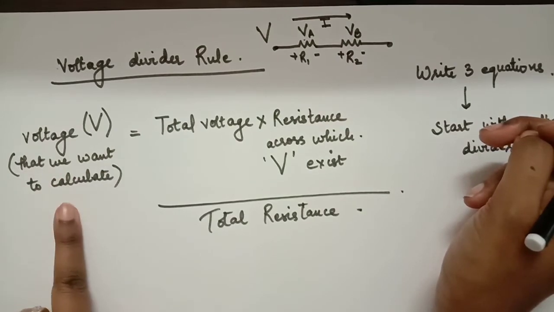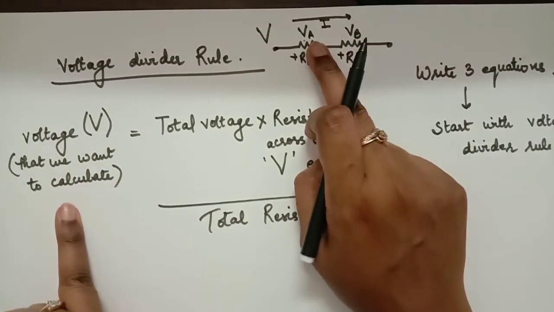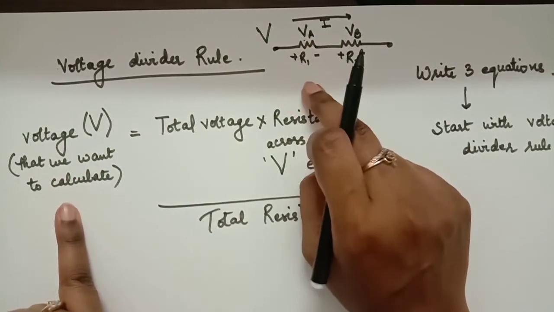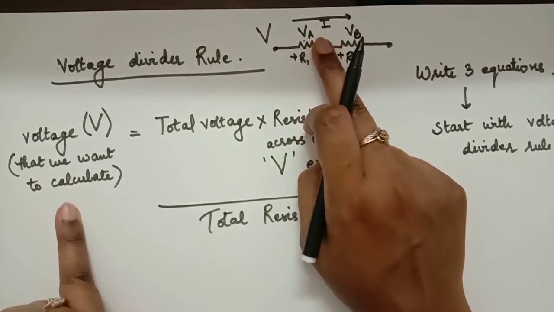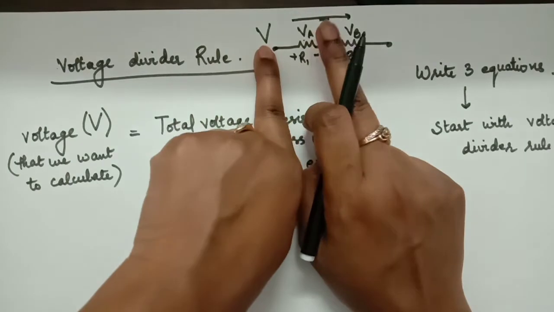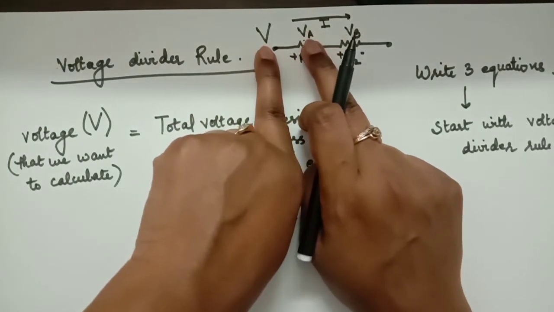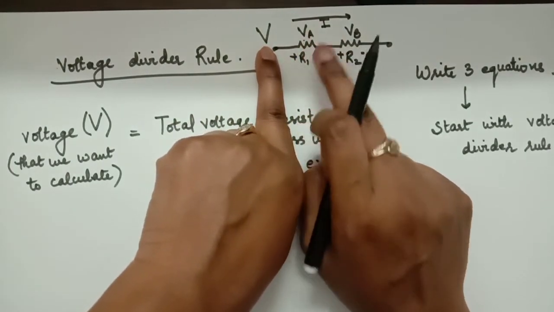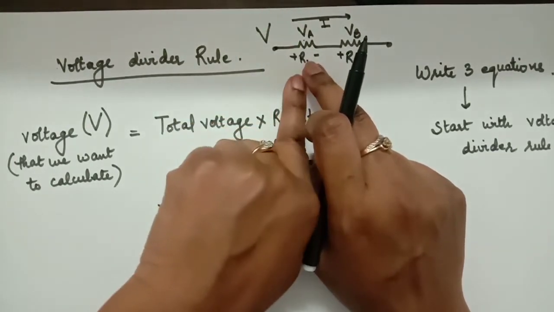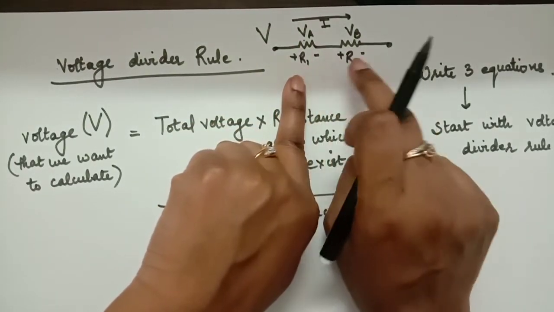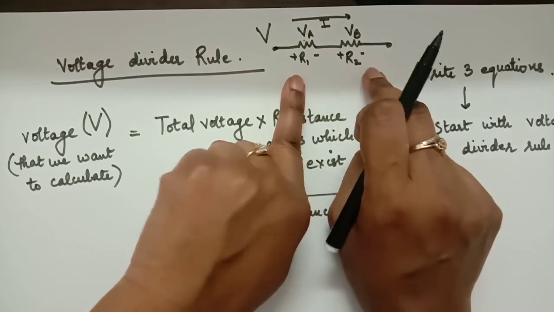What does the voltage divider rule say? If you want to calculate the voltage across any of the resistances in series, for example VA, then it will be the total voltage into the resistance across which you want to calculate this voltage. VA exists across R1. So V into R1 upon the total resistance in series, that is R1 plus R2.